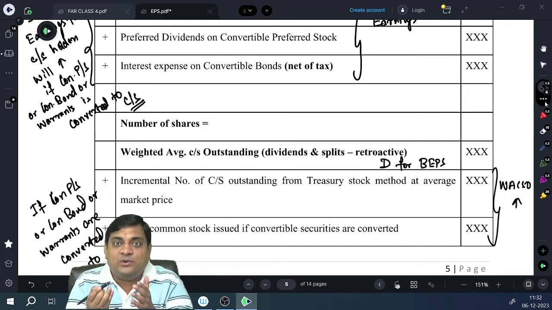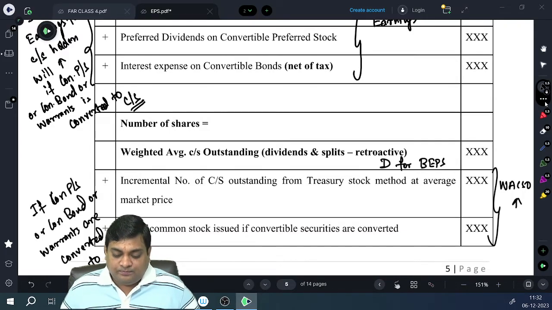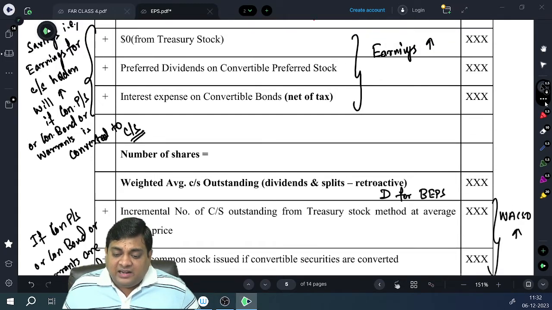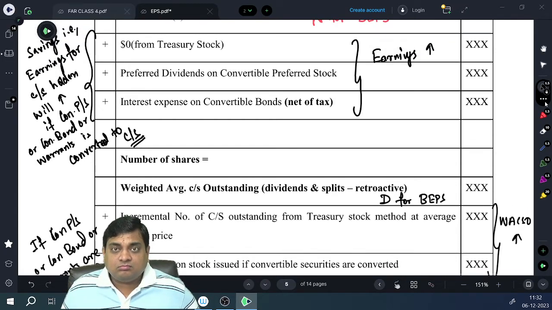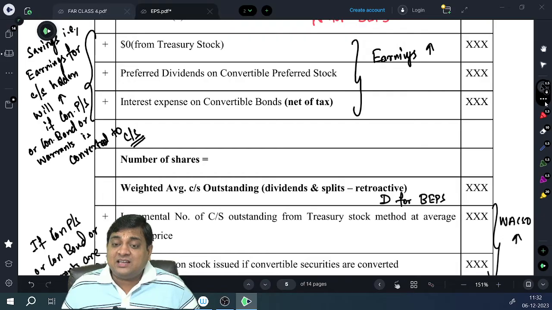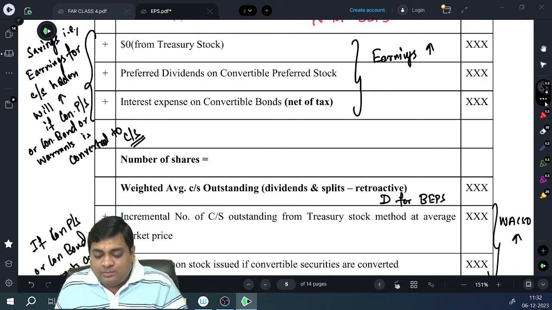This is what diluted EPS is all about. Compare the rate at which the numerator is increasing with the rate at which the denominator is increasing. The denominator is increasing at a much higher rate than the numerator. As a result, your earning per share will dilute.